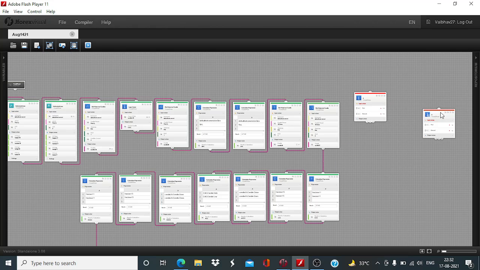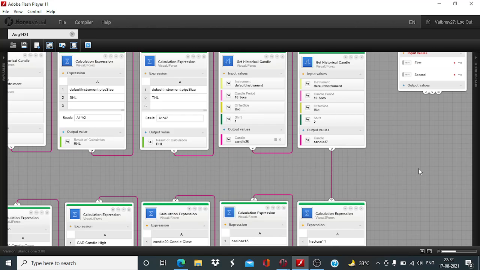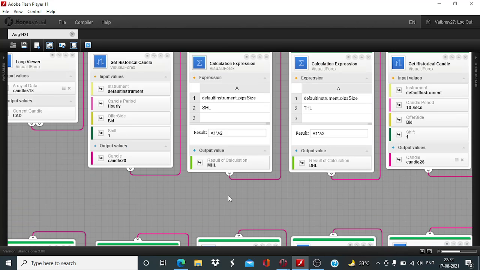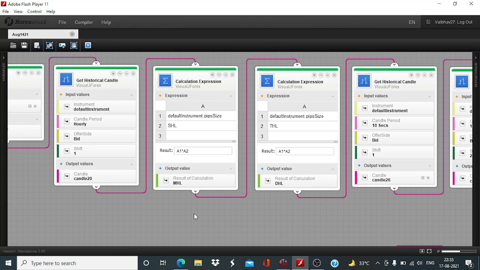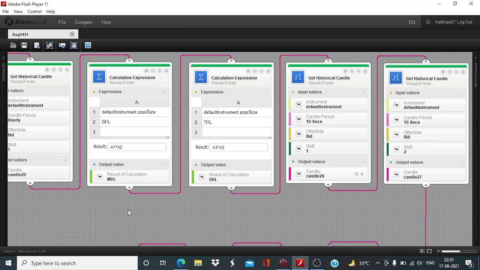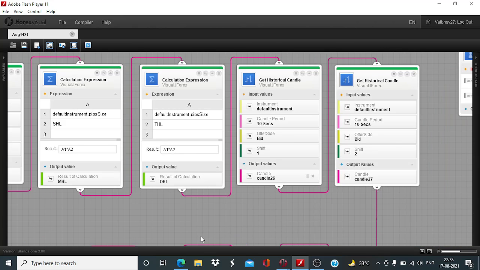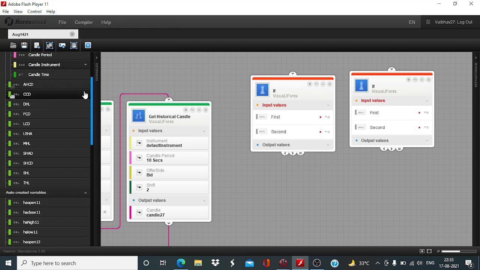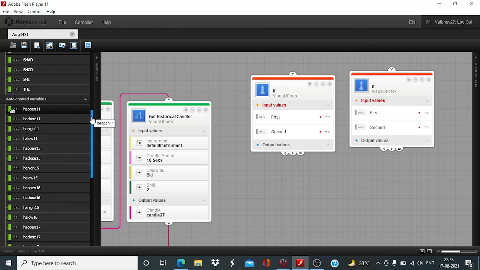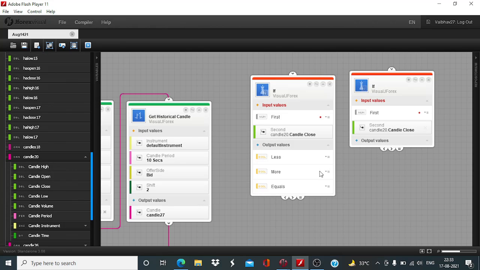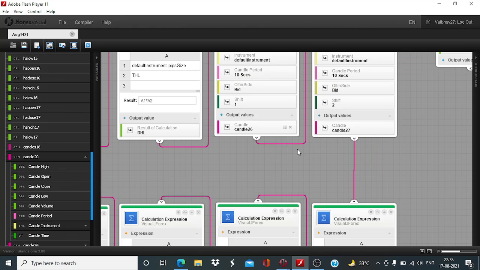So we have to take candle 20 candle close as the common input, and compare it to the closing values of candle 26 and candle 27.